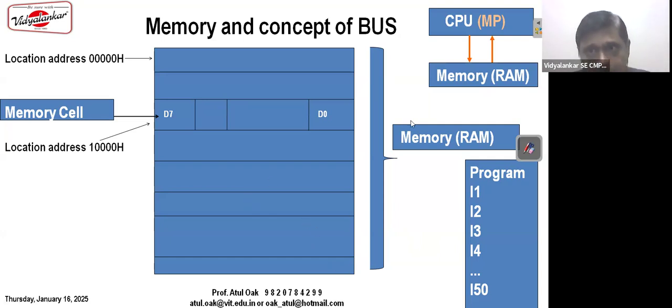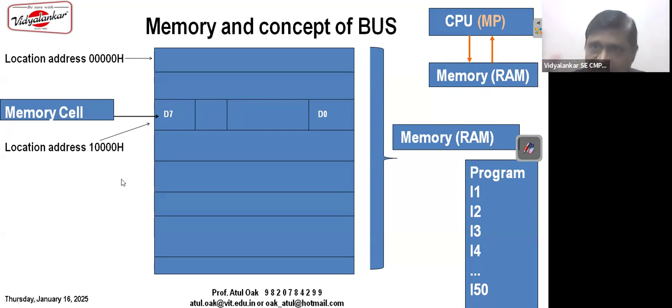Let us assume the processor knows through address bus, I want to go to this location 10000. I'm just assuming one value. So the processor will reach this location through address bus because this value you carry on address bus.